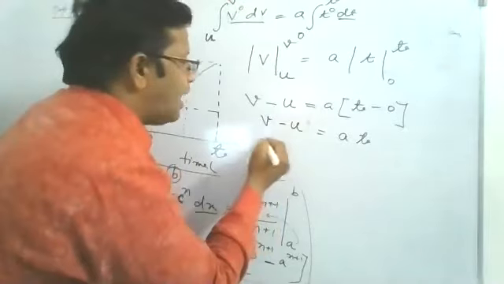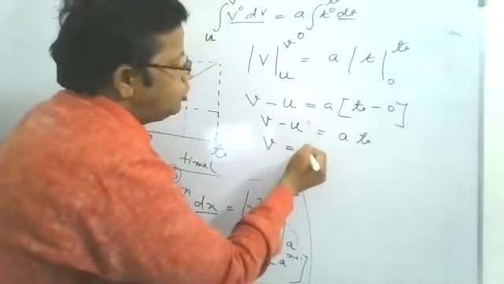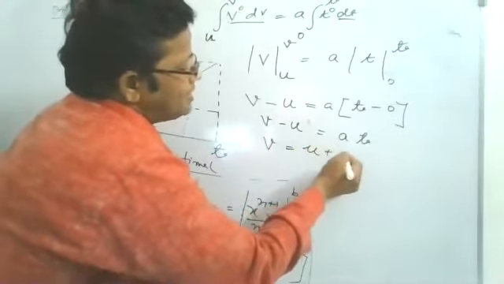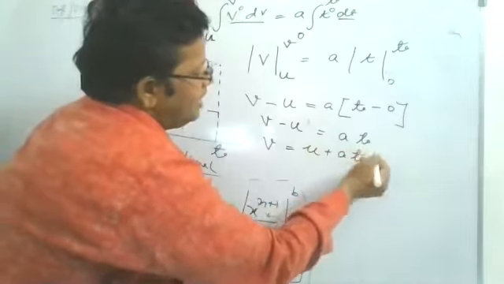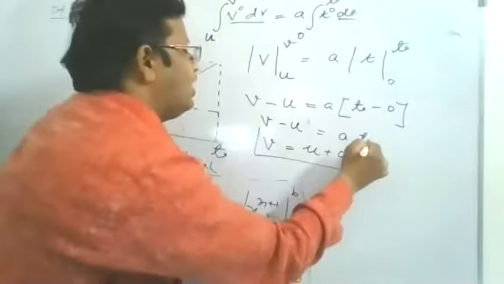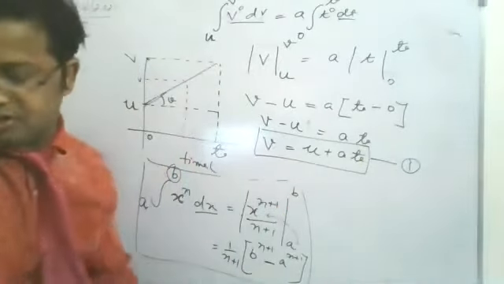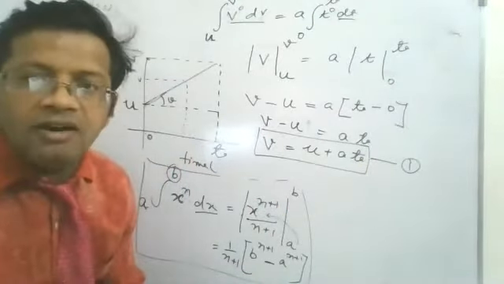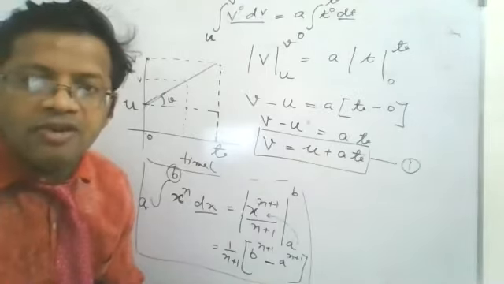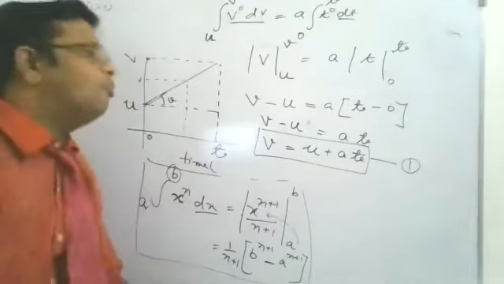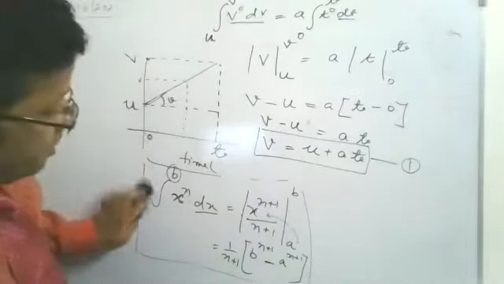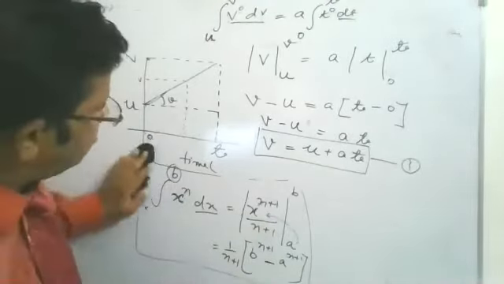The minus sign goes to this side: v is equal to u plus at. This is known as the first equation of motion. You should always remember this formula.